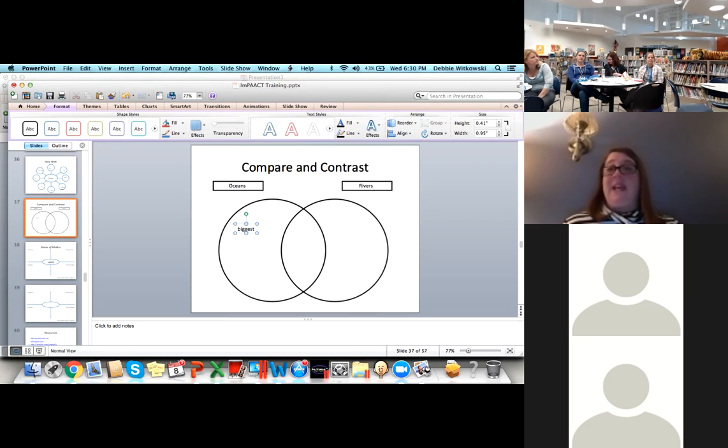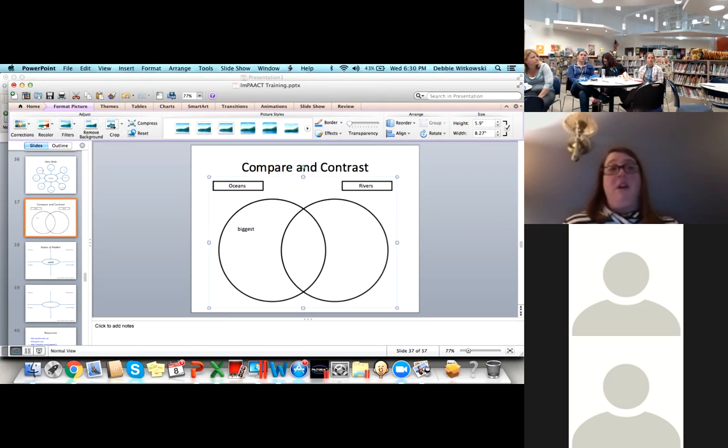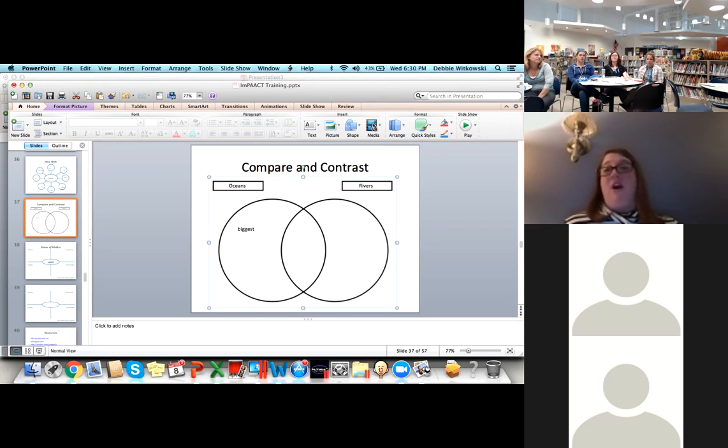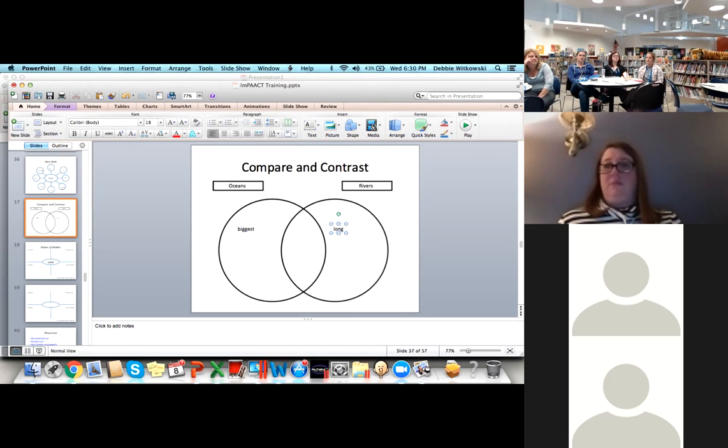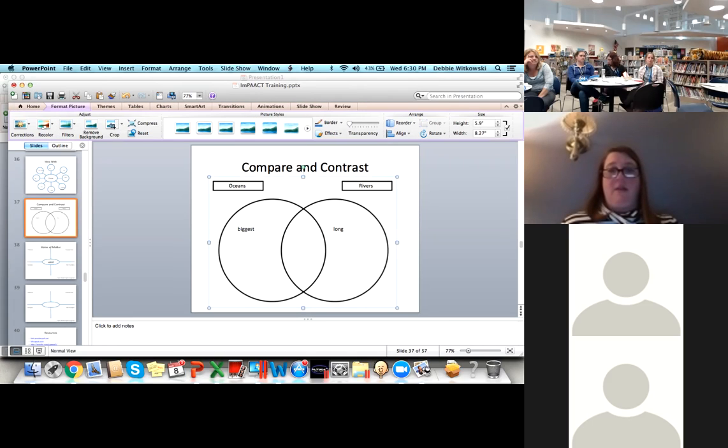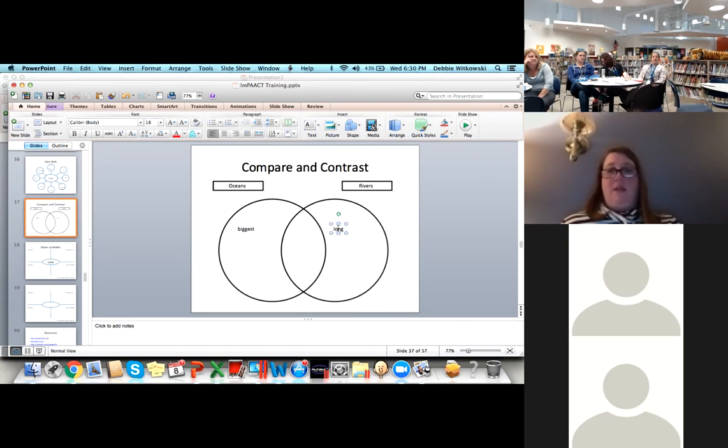We could say about a river that maybe they're long, right? So we would say long. Okay, what else would we say that might be different between the two? Ocean, salt water, rivers, fresh water. Exactly, good. Having trouble here. I'm just going to do this.